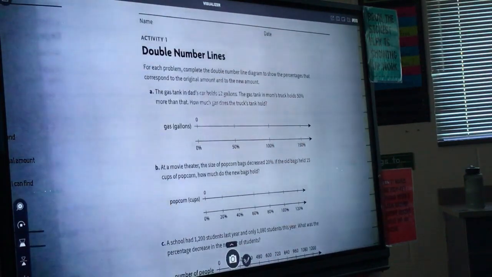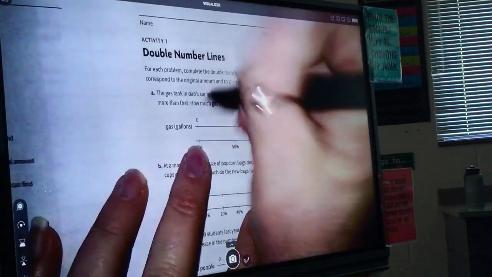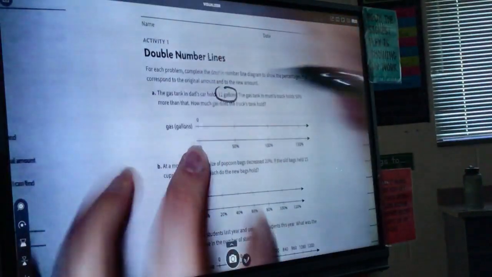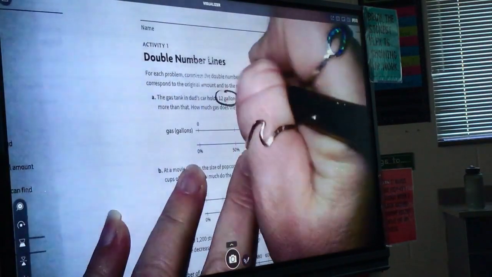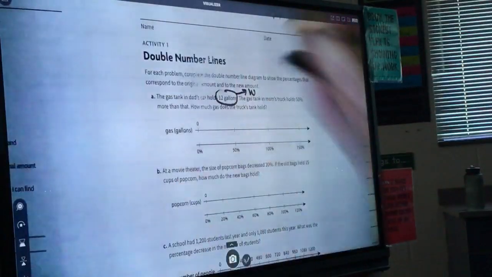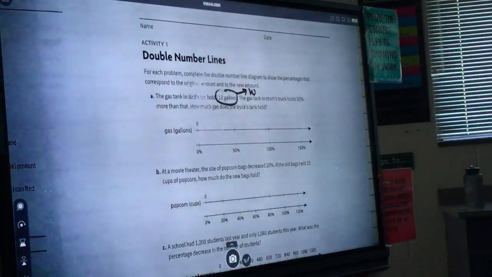All right, so let's talk about 12 for a minute. 12 gallons is what? Think about the percent proportion, how we talked about that. 12 gallons is what, Caden? So this is going to be the whole, but it's also going to help us with our percent.